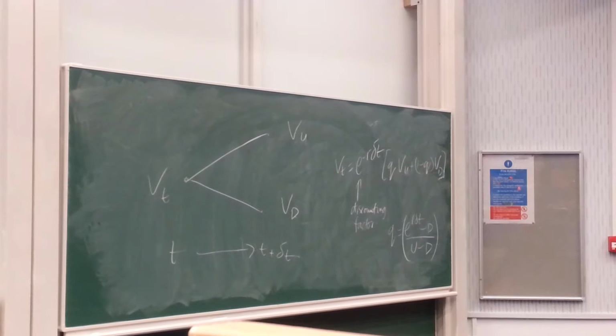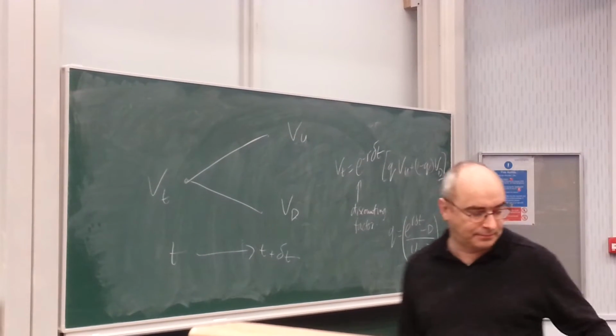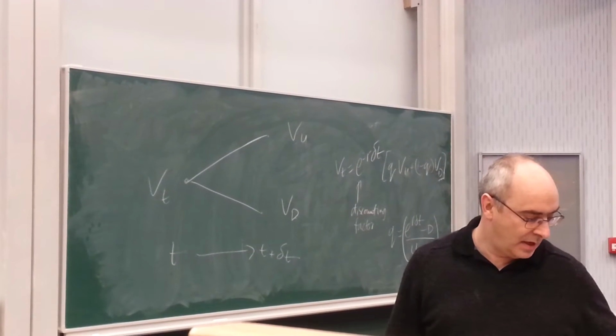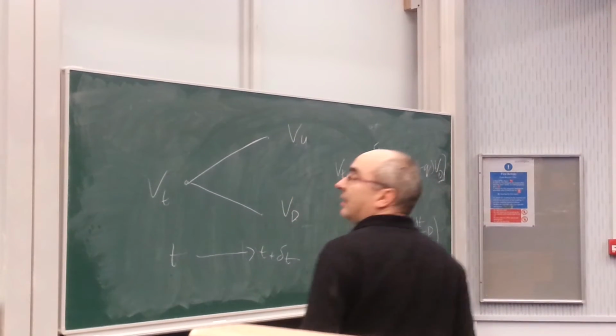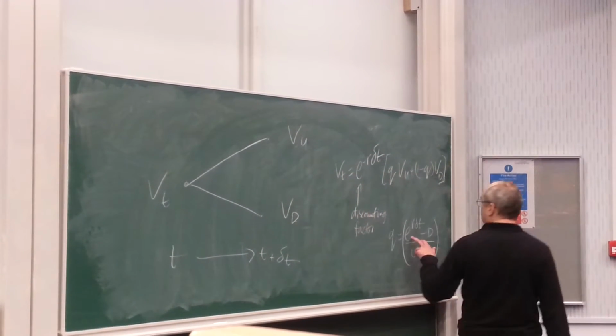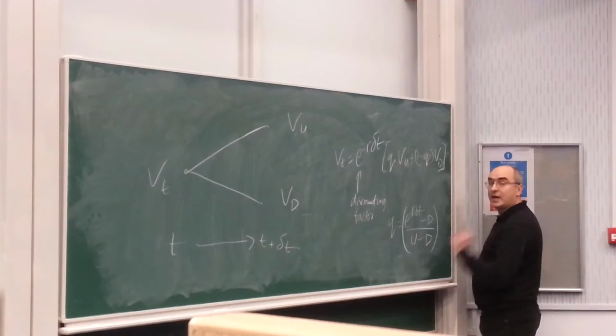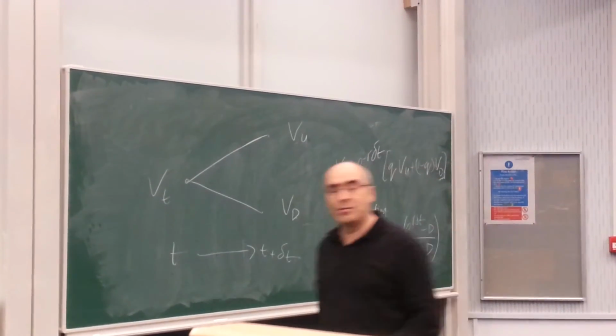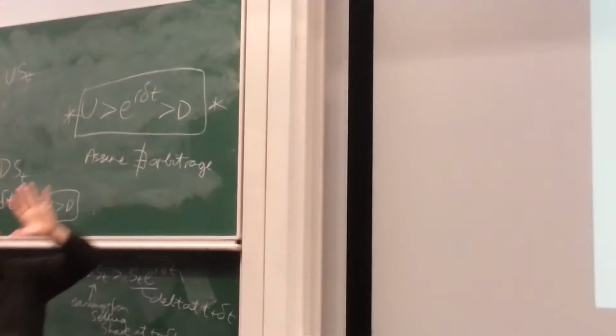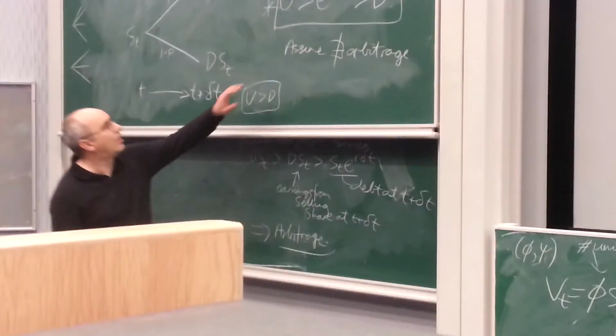Several things to point out. If we look at this number, e to the r delta t minus d over u minus d, go back to the arbitrage. e to the r delta t is certainly greater than d. U is certainly greater than d, so it's certainly a number that's non-negative. Agreed? What about the number on the top?